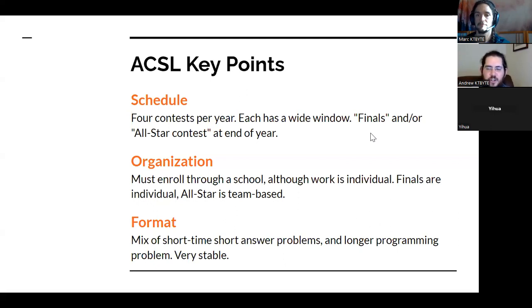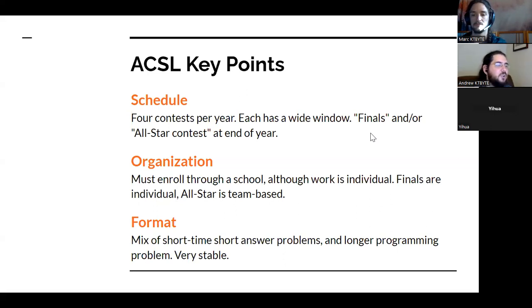So it is a mix of short answer problems that are timed in a fairly short period, and then some general programming problems. The format hasn't really changed very much in the decades that they've been doing this. So it's a pretty reliable, nice contest to do, where once you've seen how it works, you can assume you'll be able to keep doing it and have some form of success at it, all the way up through your senior year of high school, for instance.